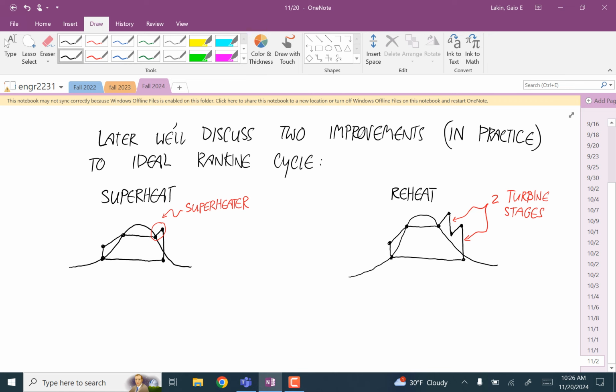So now we're going to see the benefit of having an actual power cycle that we've decided on. So for doing calculations about, whatever.